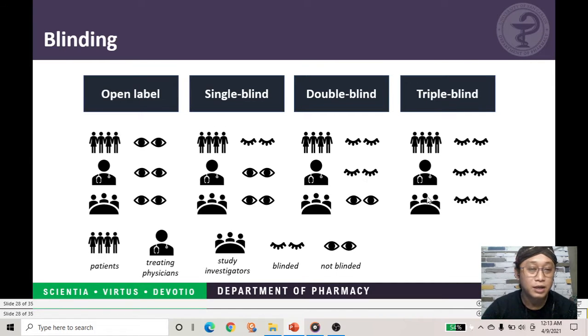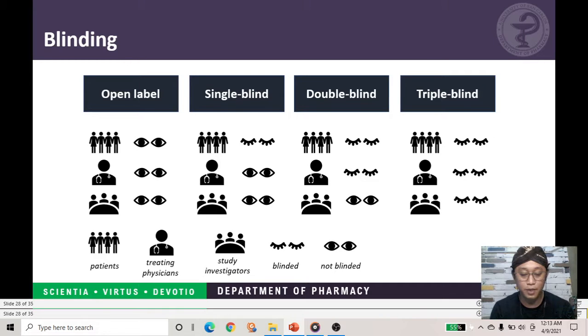But of course there would be one person who knows which one is in the control or intervention group, and they will keep the allocation concealment as well as the status of the patients secret, whether they are in the intervention or control group.